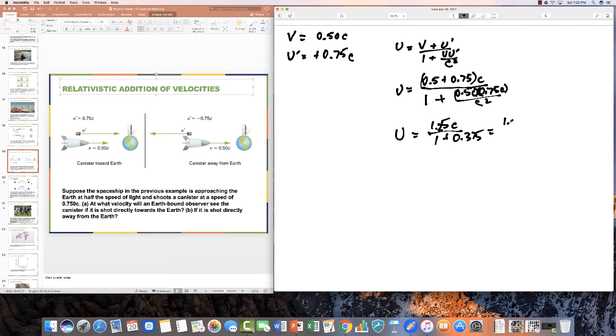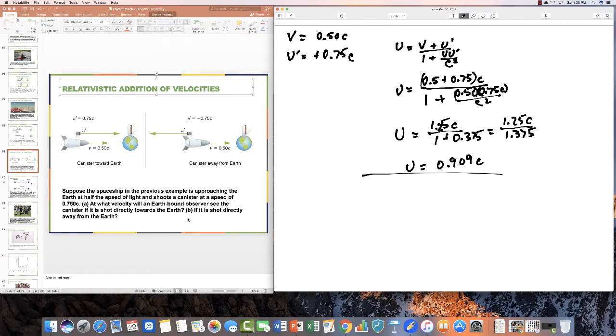So it's going to be 1.25 c divided by 1.375. So u in the positive direction is 0.909 c.